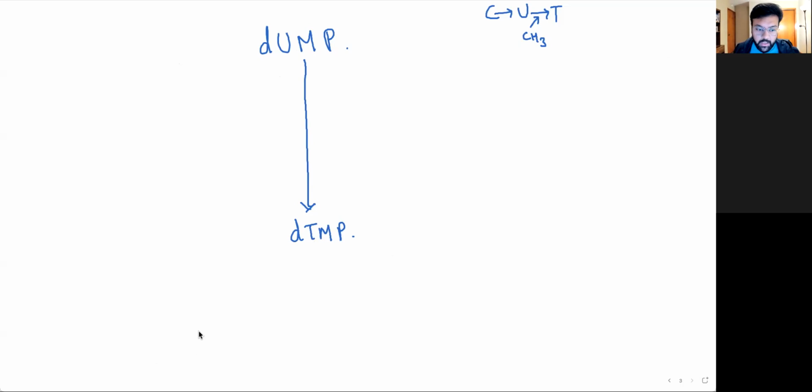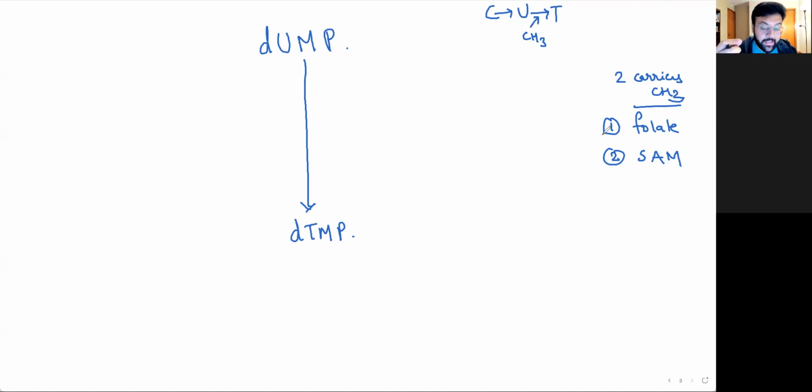In biochemistry, as I told you yesterday, there are only two carriers of methyl group. Number one is folate, and number two, who's the second methyl donor, or also called carbon donor? S-adenosyl methionine. Okay, these are the two carbon donors.